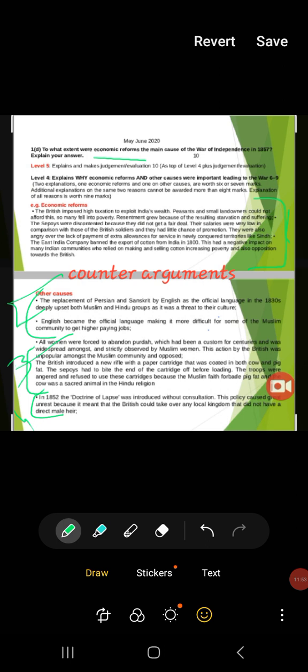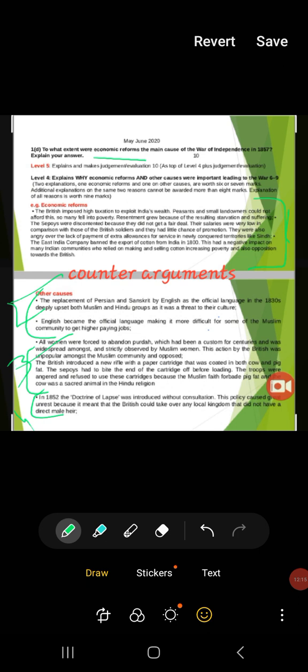Now in the end you are going to write down your own viewpoint judgment, that is based totally on your own. What kind of judgment is required? That you would include the economic reforms as well as the other arguments which paved the way for the War of Independence.